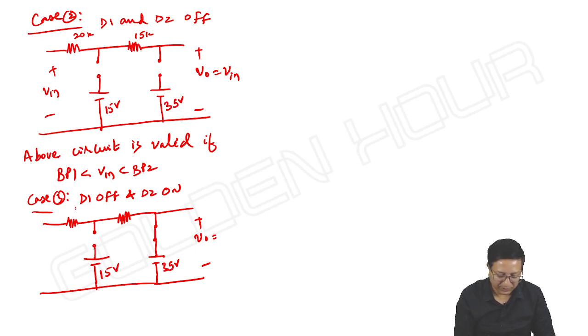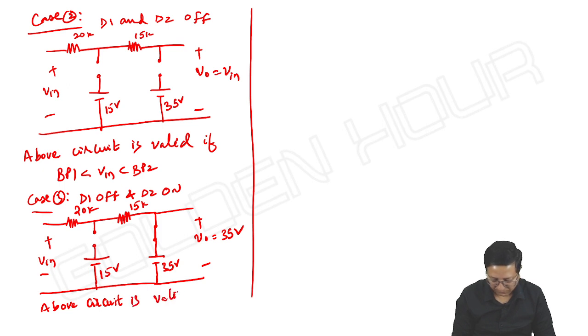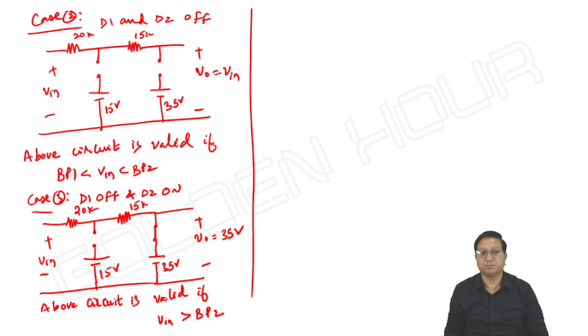What is our output? It may be 20K and it is 15 kilo ohms. Input and output. What is output? 35 volts. Above circuit is valid if V input is greater than breakpoint 2.